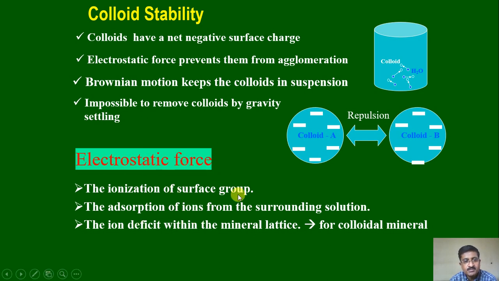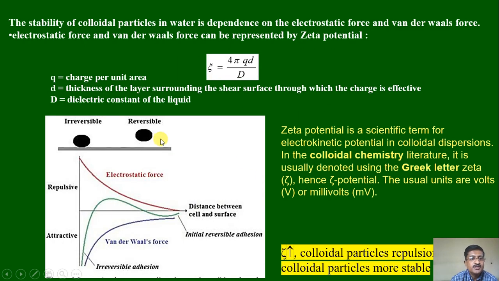Now again, the electrostatic force is also playing a role there: the ionization of the surface groups, the adsorption of ions from the surrounding solution, and the ion deficit within the mineral lattice for the colloidal minerals. So all these factors associated with the electrostatic force will also be considered in the theory of coagulation.